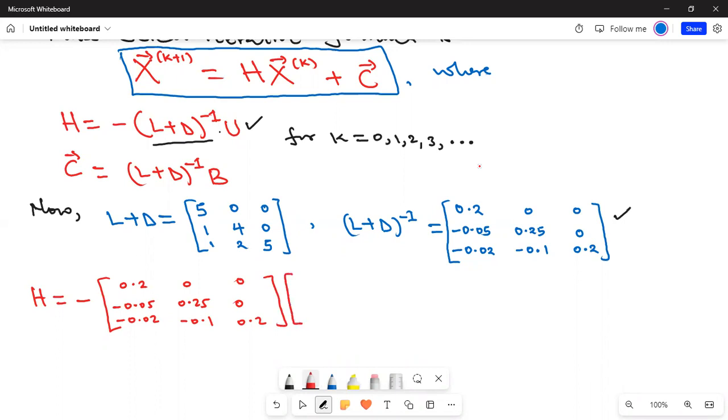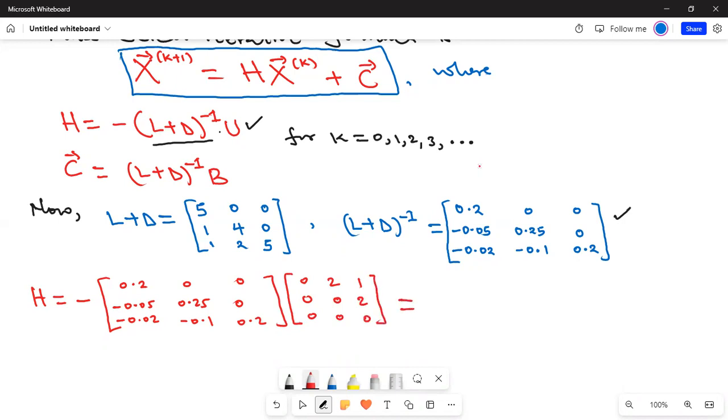Multiply this by U. Our U is 0, 2, 1, 0, 0, 2, 0, 0, 0.